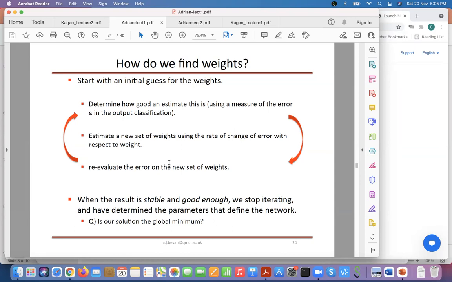Does it go on forever? No. The stage when you get to stable, where you don't see any change anymore, you have essentially reached the global minima. So when the result is stable and good enough, we stop iterating.